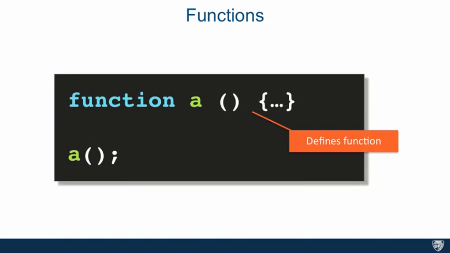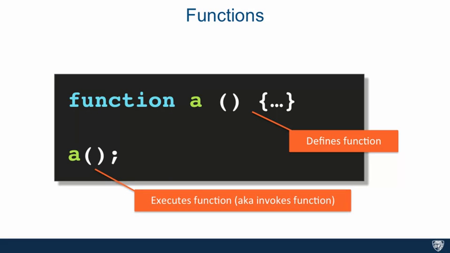Now, once you define the function, either the first way or the second way where you store the function inside of a variable, the way you invoke a function is by taking the name or the reference to that function and putting the parentheses afterwards. So that is called a function execution or function invocation. Now, the words execute and invoke are synonyms, so you could really use either one.